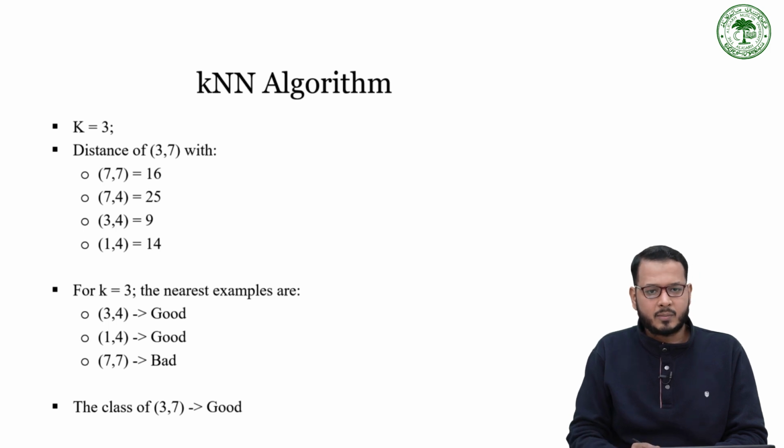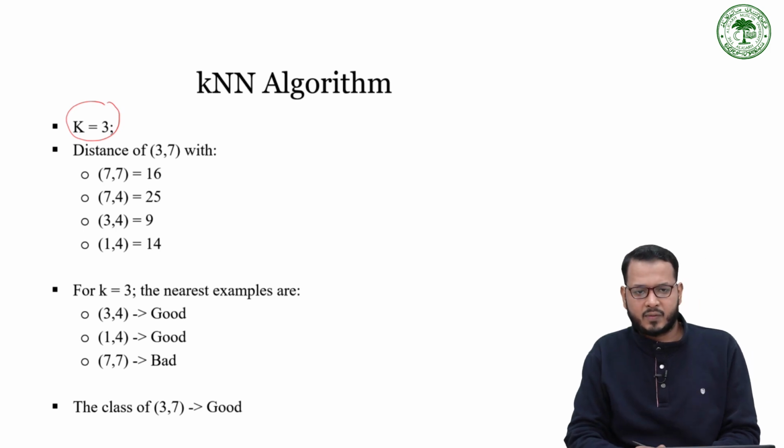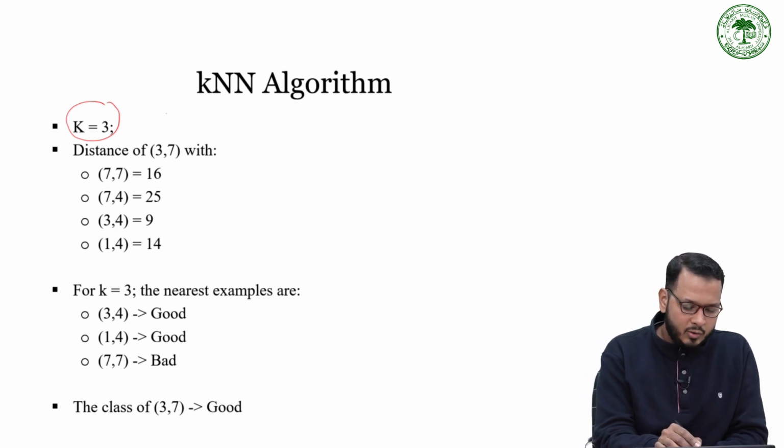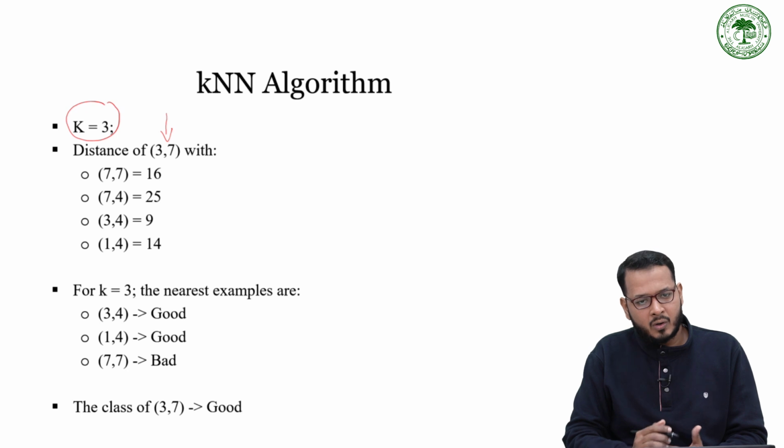As the algorithm says, we will first decide the value of k. In this case, the value of k is 3. Then for my test sample 3, 7, I will calculate the distance of this point from all the points available in my training data set.